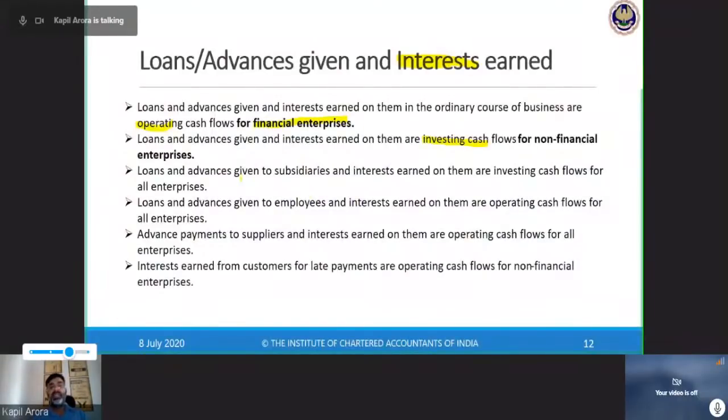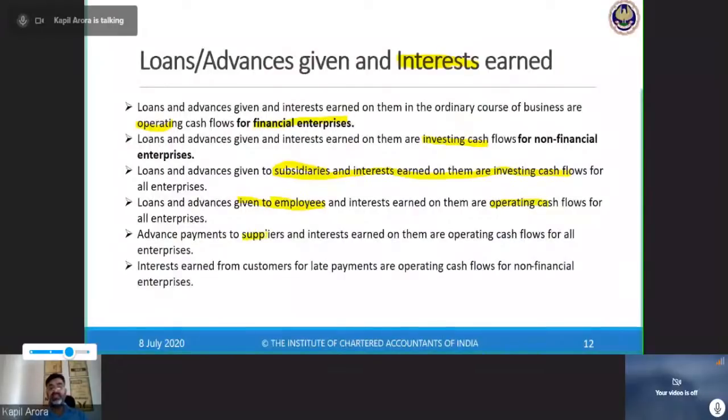So loans and advances given to a subsidiary and interest earned are investing activities. Loans and advances given to employees, because employees are part of my business, employees are helping generate cash for me. I give salaries to them. Their salaries are nothing but operating activities. So loans given to them are also operating cash flows.